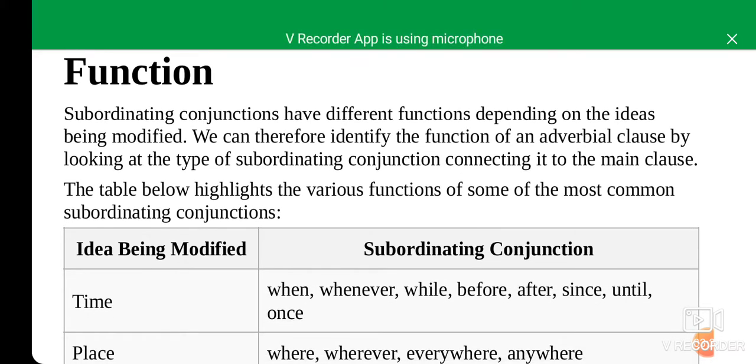Now, how do different subordinating conjunctions function in a sentence? Subordinating conjunctions have different functions depending on the ideas being modified. We can therefore identify the function of an adverbial clause by looking at the type of subordinating conjunction connecting it to the main clause. The table below highlights the various functions of some of the most common subordinating conjunctions.